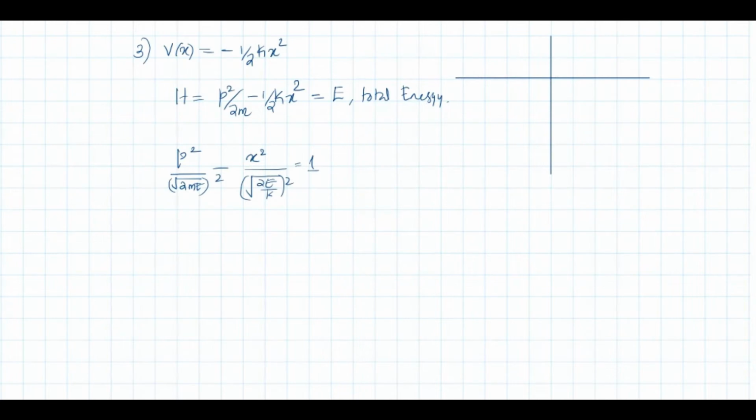We can analyze this like this. First you have to plot the potential energy as a function of x. Here it is minus half kx square, so it is an inverted parabola. The first example we considered a parabola, but now it is an inverted parabola.